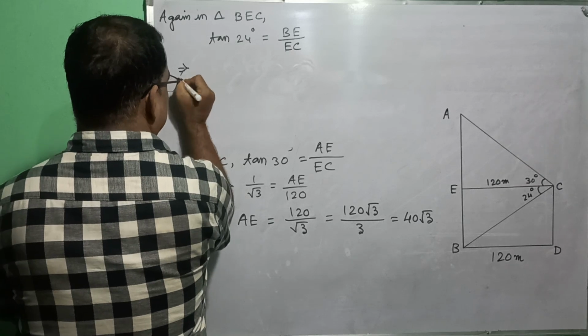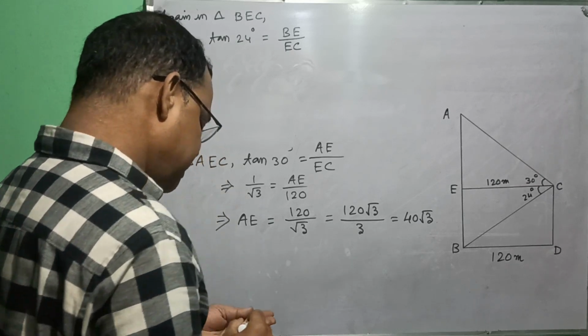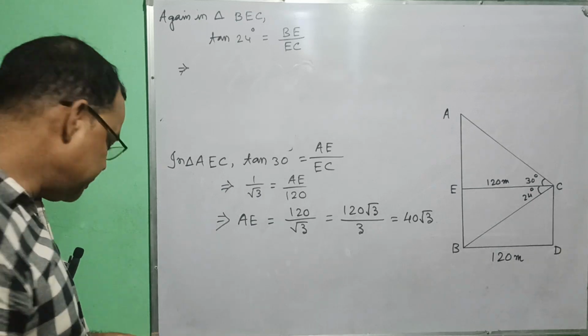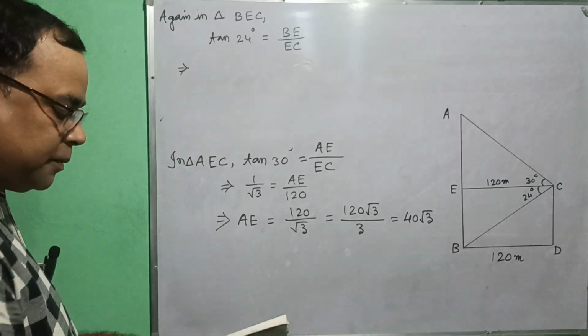This implies, now tan 24 degree, the trigonometrical table will be given, we have to find it from the book.